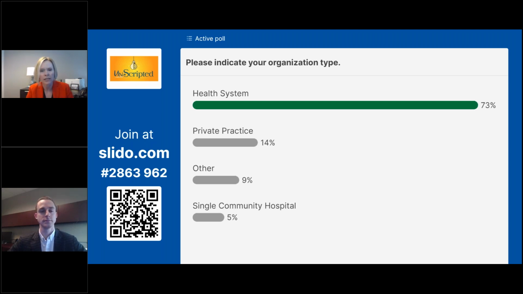Health system in the audience is, of course, the highest that we have. Other, I've got an expectation for the other percentage that'll go along with the other couple of slides, indicating perhaps others in the audience. Very good, thank you for that.